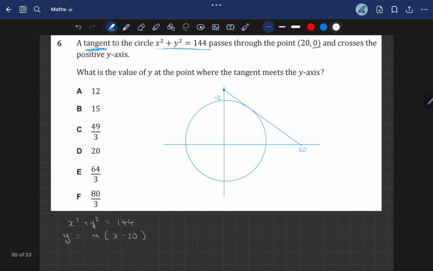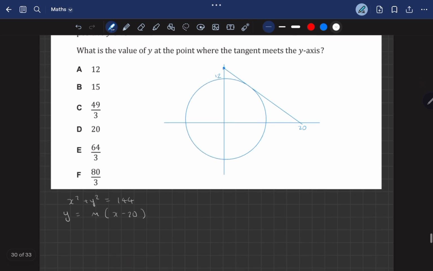Okay? Now we can substitute these equations into each other. Because we have y here and we have y squared here. So we have x squared plus m squared (x minus 20) squared is equal to 144.